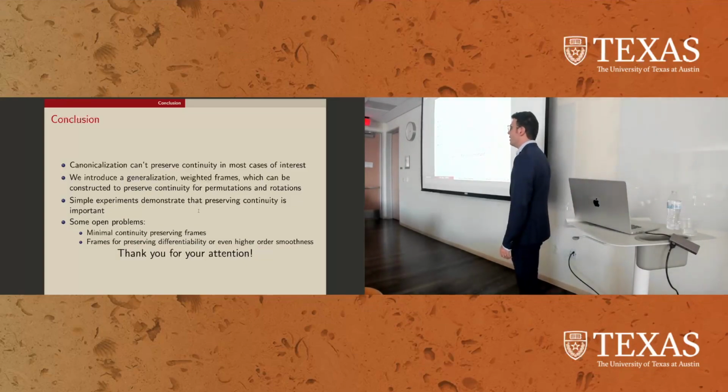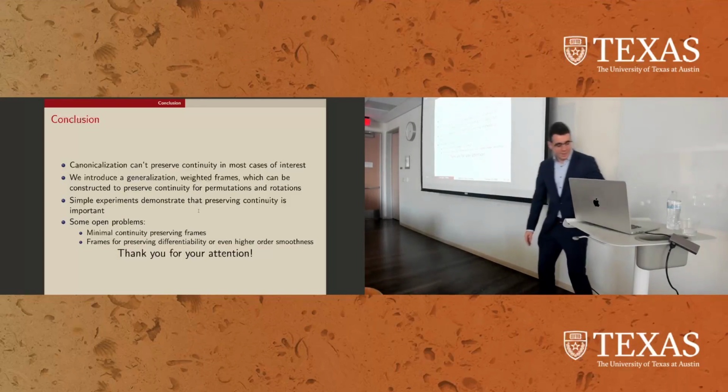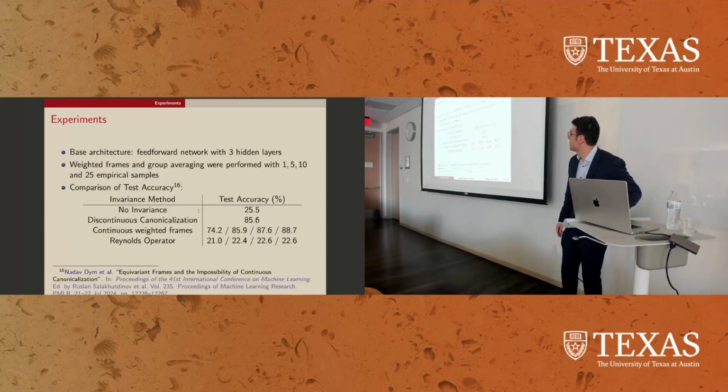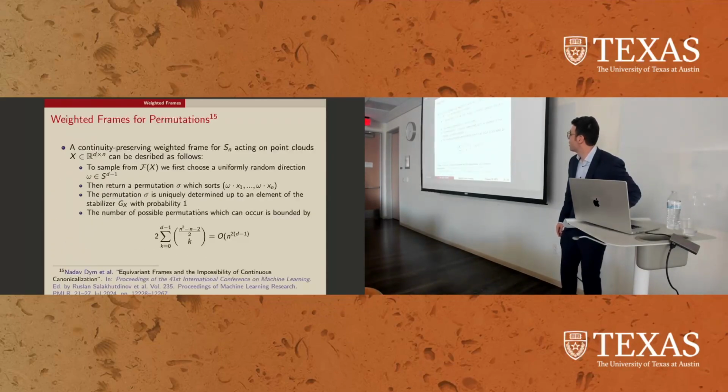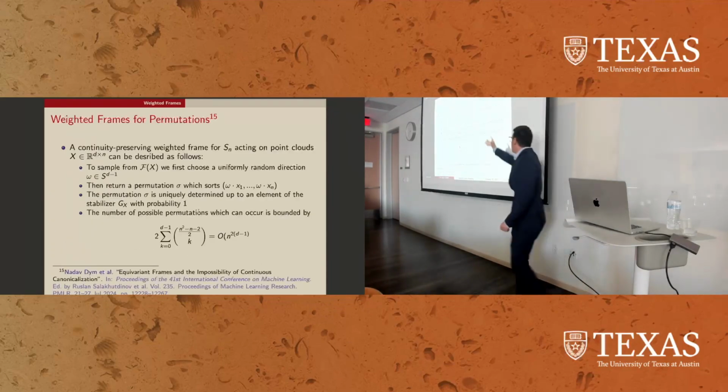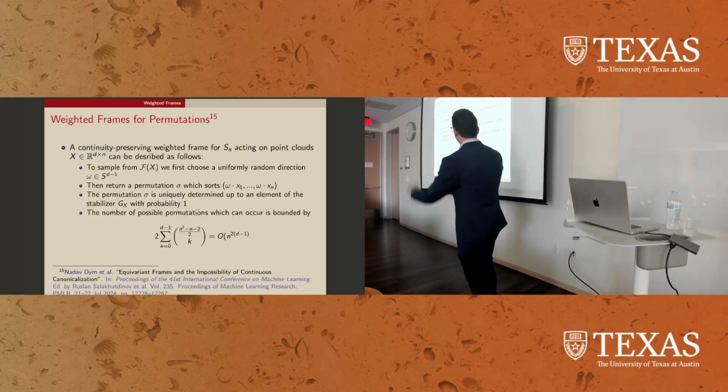So what do the weights look like? Are they closer to being uniform, or are they closer to being concentrated? That's a good question, it depends on the input actually. For example, for permutations, if you look at your points in say R2, you basically look at all the pairwise differences between two points.